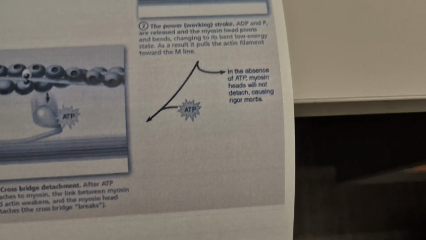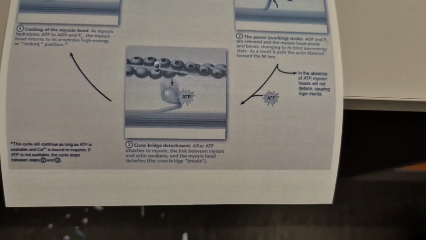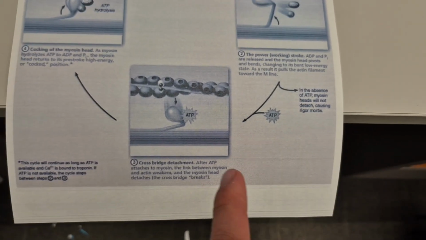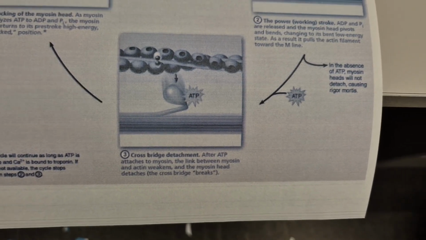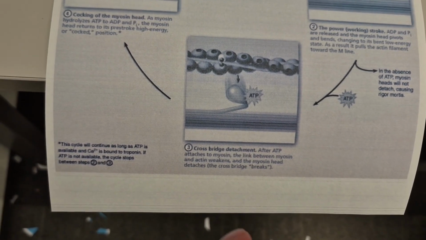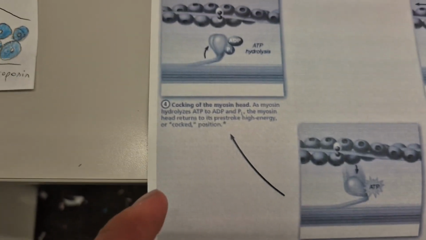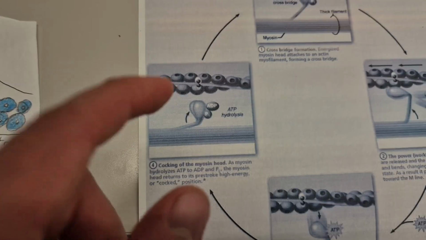The next stage, in order for the myosin head to detach from the actin, we need ATP. ATP is going to come in, it's going to attach to the myosin head, forming a cross-bridge detachment. And then ATP is going to hydrolyze and is going to recock the myosin head back to its original position.